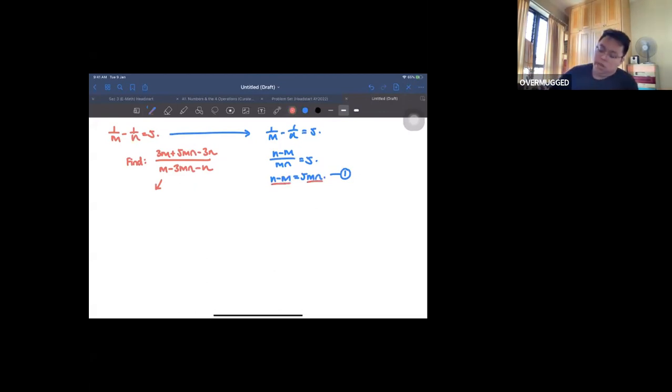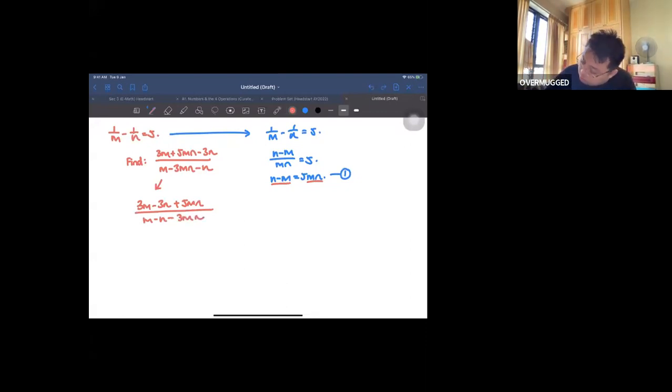Is it possible for me to get these out so that I can do a substitution? I think it's possible. So let's do some grouping together: 3m minus 3n plus 5mn, m minus n minus 3mn.